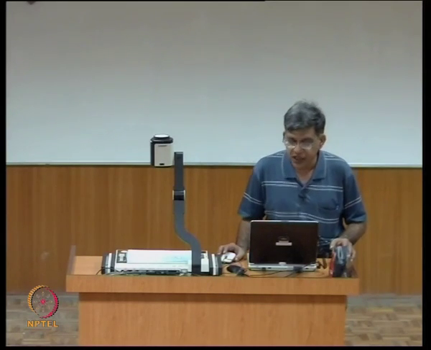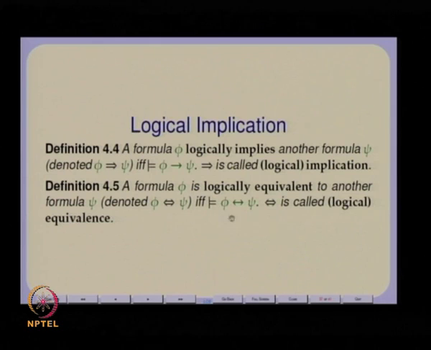So two statements phi and psi are logically equivalent, not semantically equivalent necessarily, yeah. Logically equivalent means where the semantics is restricted to the notion of truth or falsehood. They are logically equivalent if and only if the biconditional is valid, okay.